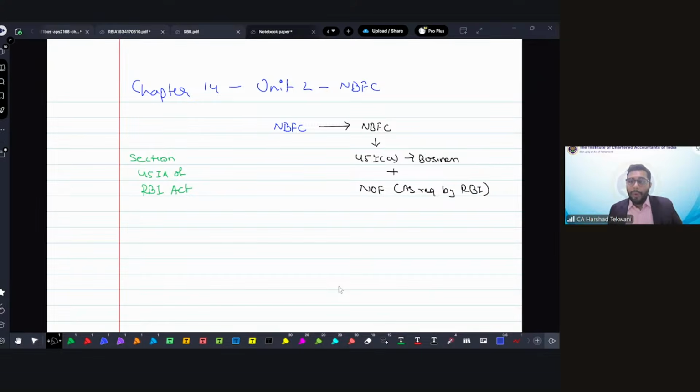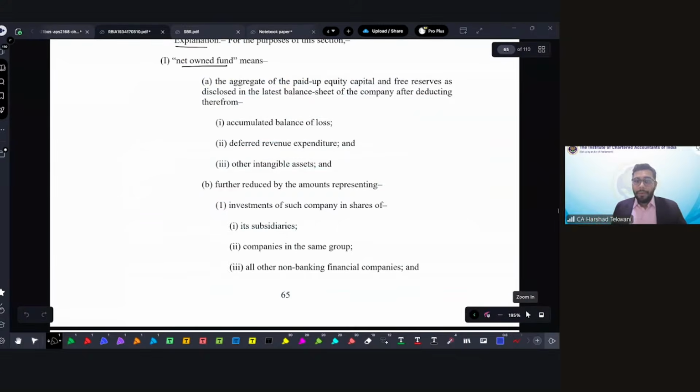Now coming to the question with respect to the net own funds. Remember there was a definition given for the net own funds. Now we need to understand that particular definition. Why do we need to understand this definition?